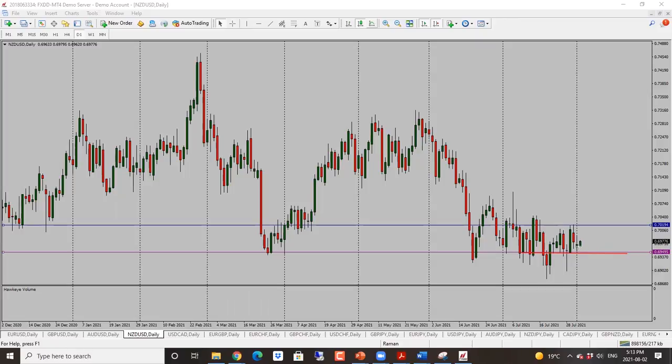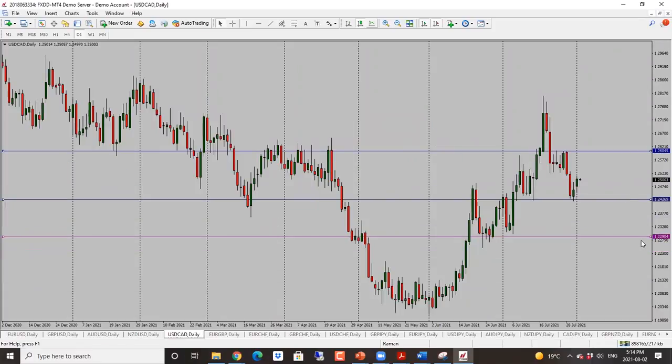So bias here is neutral. I'm expecting a range bound move here as well. So neutral bias for New Zealand dollar, expecting price to trade between 0.7020 and 0.6950. If it goes through the support here, then we will look for the move lower. For now, though, this one looks a little range bound.